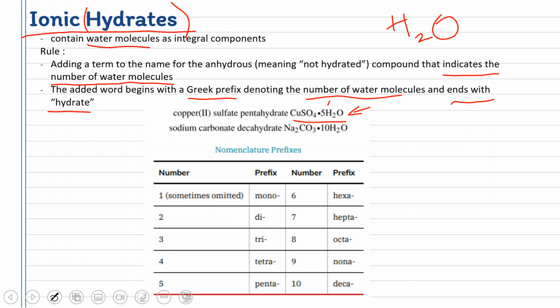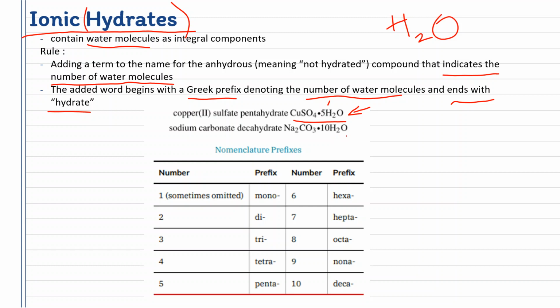Okay, so we're going to look at an example. This is an ionic hydrate. We have CuSO4 dot 5H2O. This is our compound. We're going to try and follow the rule to be able to name this compound. There's another example we have: Na2CO3 dot 10H2O.